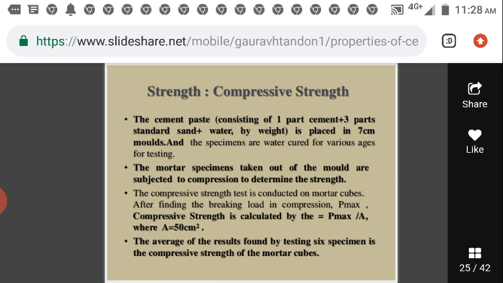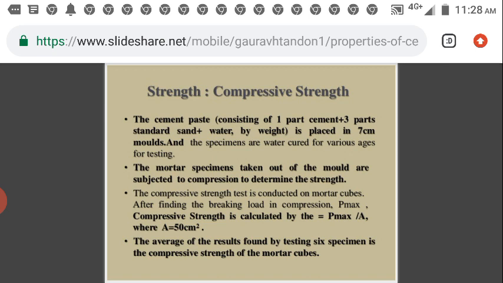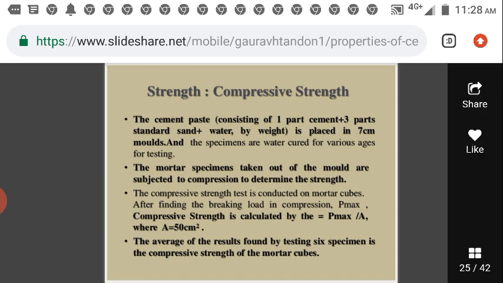Normally when you are conducting this test, we require a minimum of 6 cubes. On average, if all 6 cubes break in a similar pattern, then we consider the compressive strength, for example a maximum of 40 MPa.